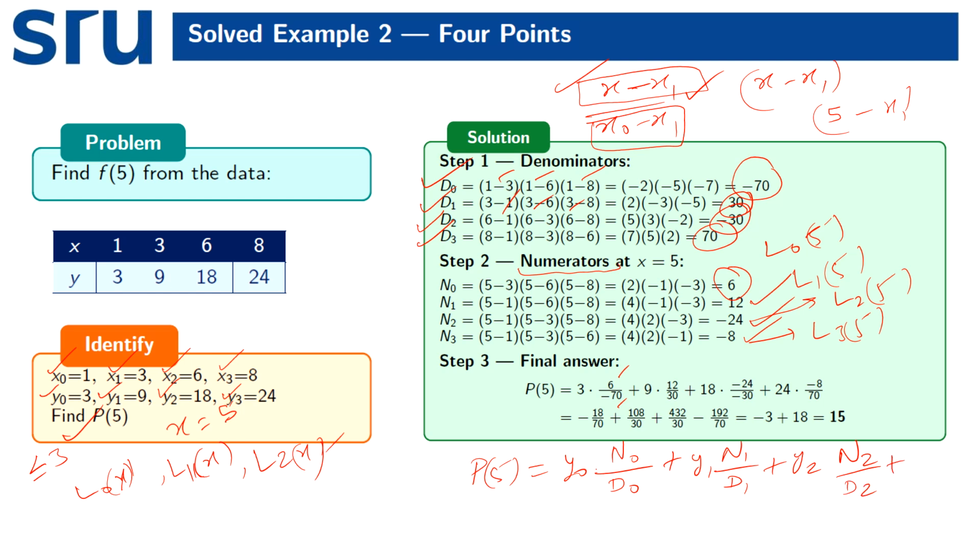In the same way, the last term will be y3, which is given to you, equal to 24, times n3 upon d3. This is the final expression that you are supposed to solve.